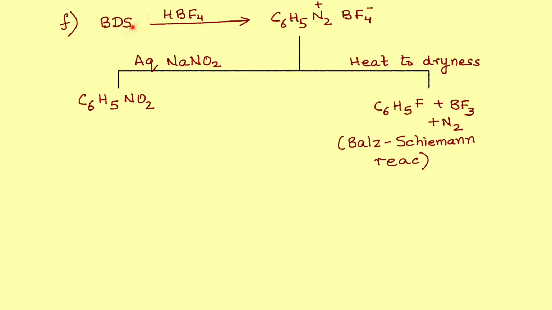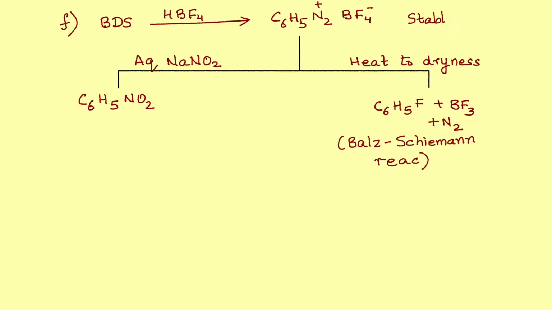Benzene diazonium salts reacted with fluoroboric acid. So again, what will happen is the negative ion gets replaced and we have an interesting compound over here. And you know, yes, this is also a diazonium salt, but this is a very stable diazonium salt.